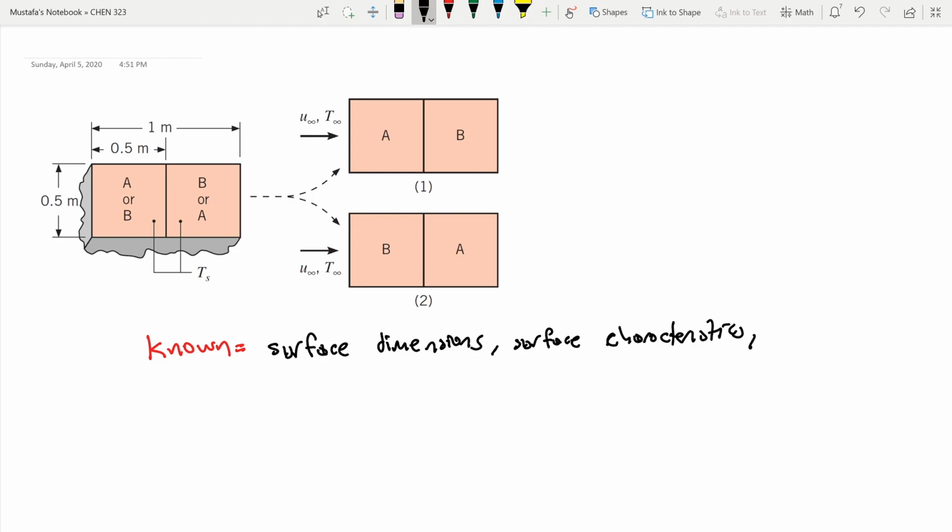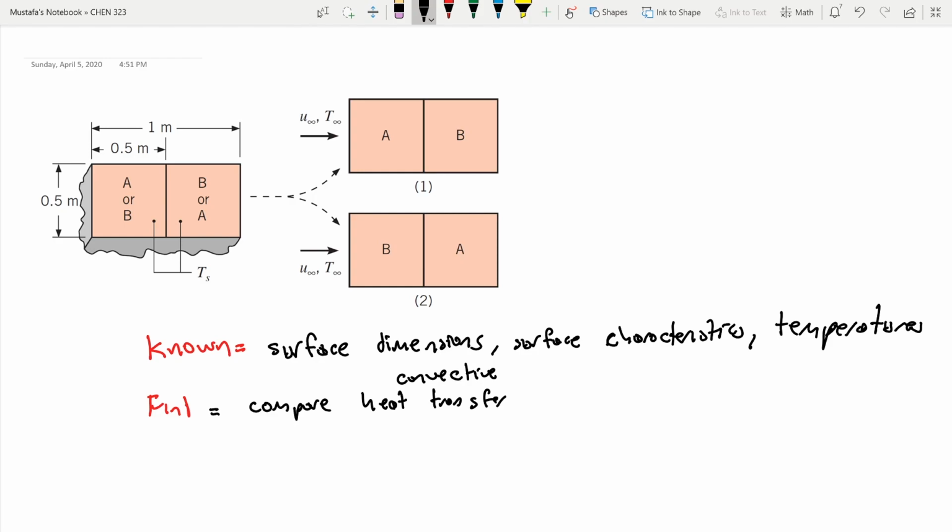And we know the temperatures. And our goal is to find, compare the heat transfer rates, in particular convective heat transfer rates. And the schematic is here, so let's also write down the assumptions.